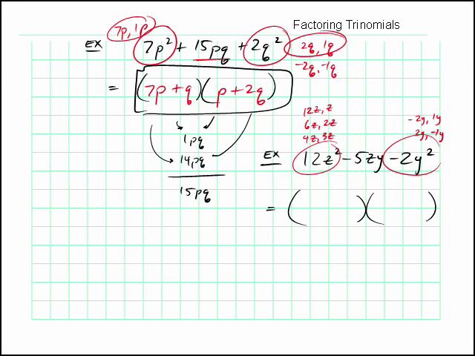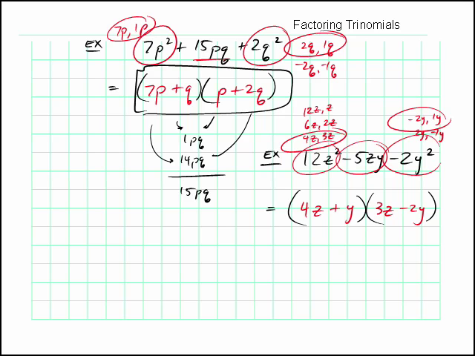Okay, so I'm going to take a guess here. I'm going to try the 4z and the 3z, and I could be wrong. It's possible. And I need some negative numbers, so I'm going to try the, well, there are negatives in both of these. Keep in mind I need a negative 5 for the middle term. I'm going to put the negative 2y here and the positive 1y here.